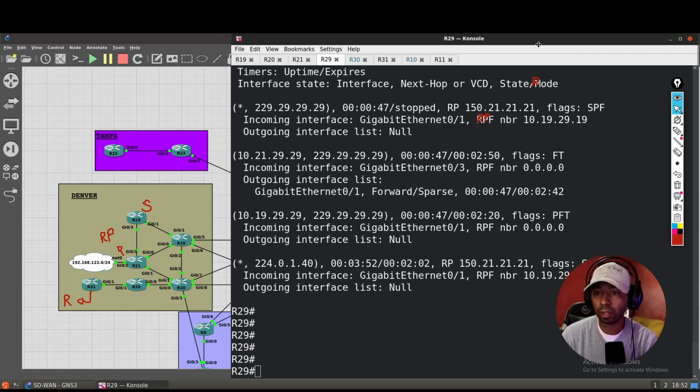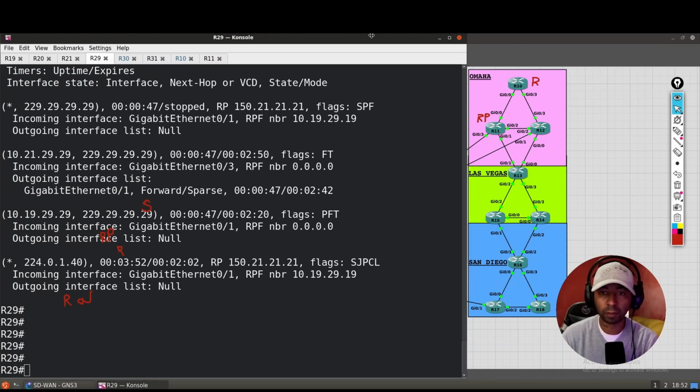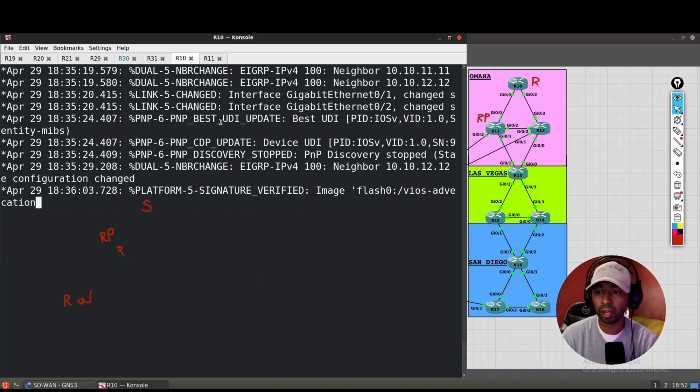Let's go to the next section, which will be the bootstrap router. On this side here, we are only allowed to touch router 10, router 11, and the router 21. No other routers, right? Let me just delete this here from this side.